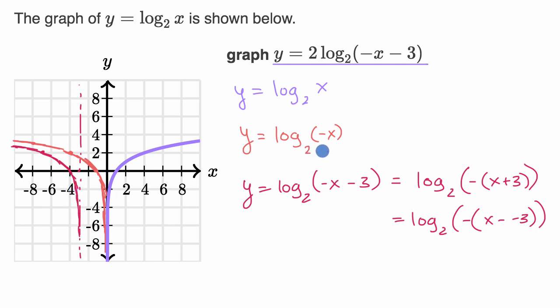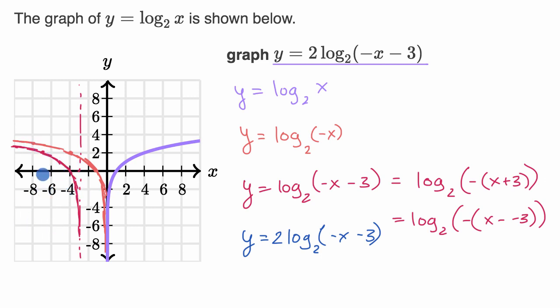And we're getting close because now we just want to multiply that by 2. So now we want to graph y is equal to 2 times log base 2 of negative x minus 3. And so it's just going to be this curve right over here times 2. So whatever y value we were getting before, it's now going to be 2 times that.